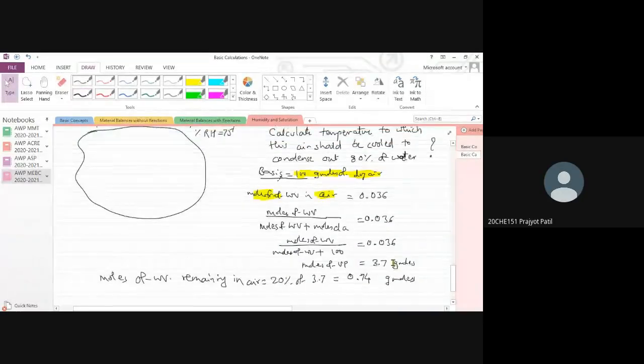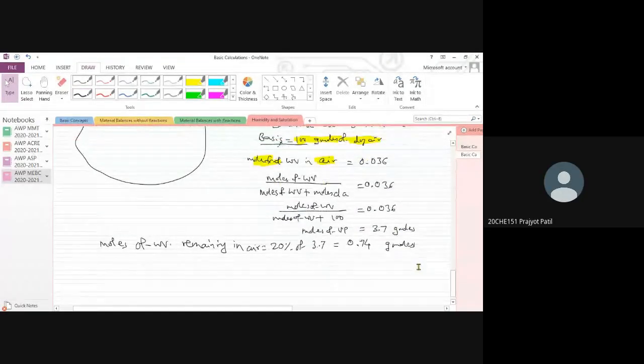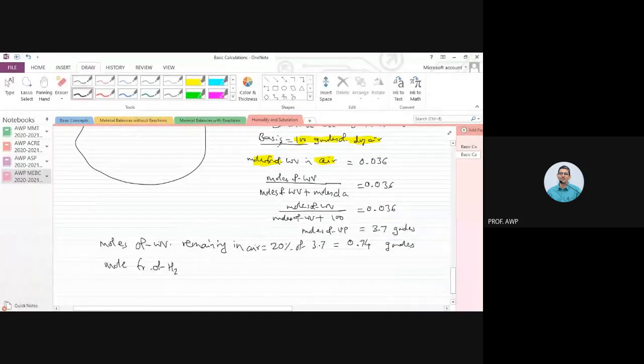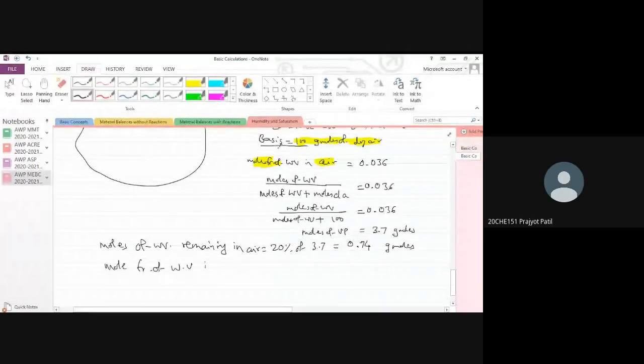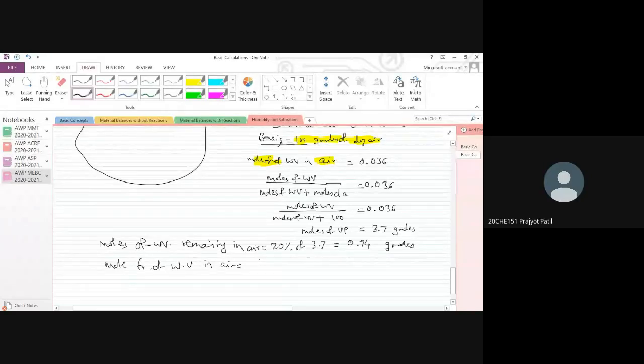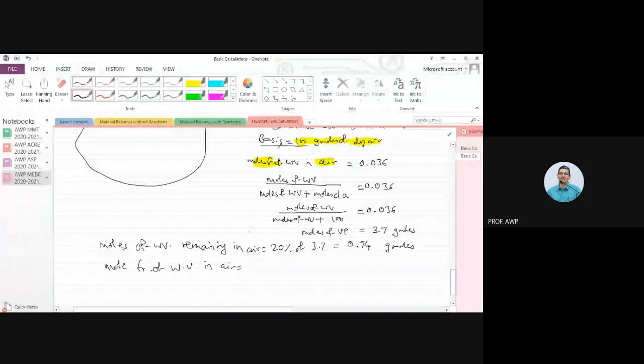Okay, now I calculate the mole fraction of water vapor in the air. How did you calculate that? Again, the same formula.